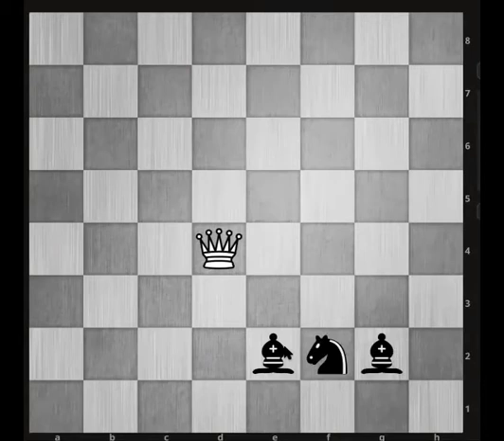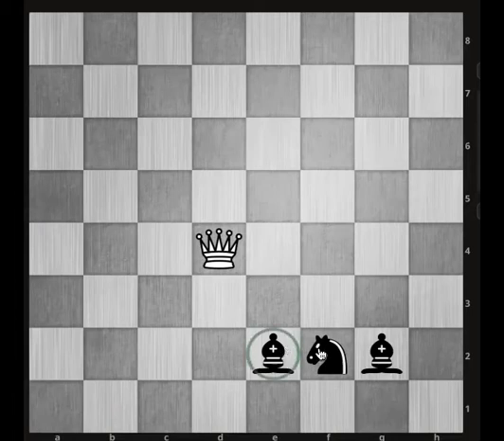They are 3 points each, so you will have 9 points here. 3 plus 3 plus 3, 9 points traded for a queen. So technically, you can exchange a queen for 3 pieces, and they're considered to be equal.